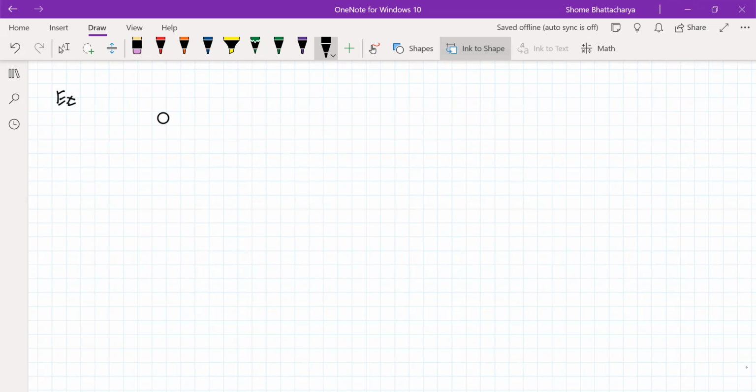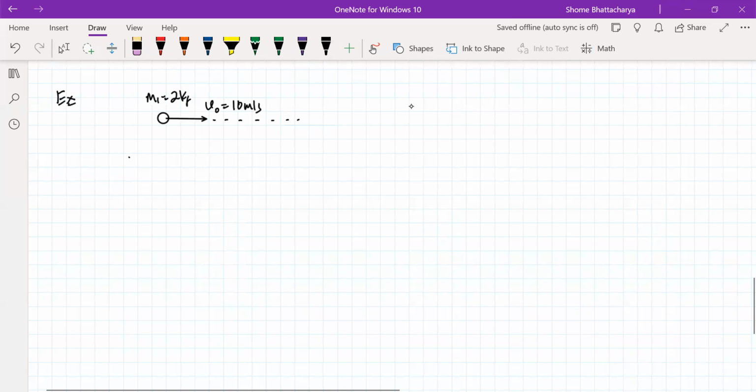Suppose we have that kind of situation. So we have M1 equal to 2 kg, suppose, moving at 10 meters per second. This again comes and hits a heavier particle or heavier object M2 at rest initially.